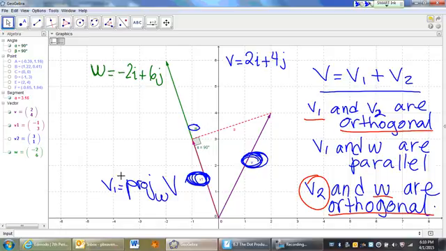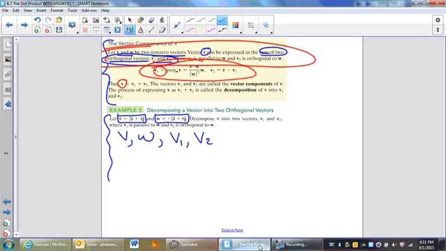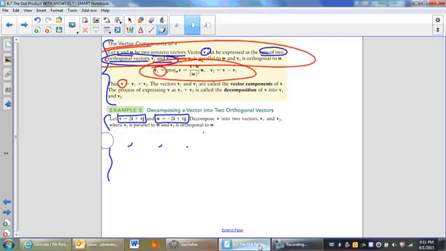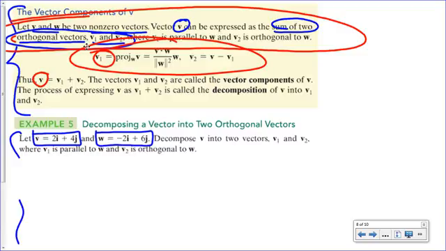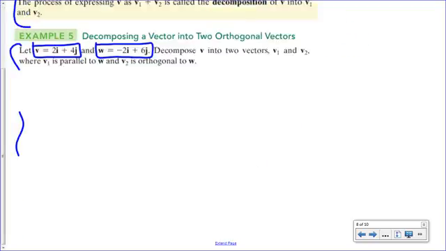All right, so that's what we're going to do. That's the first part of the problem. So let's go ahead and work it out so you know how I was able to get those numbers. Okay, and so I'm going to start with this side. Remember that we're trying to decompose, and all we know is that vector V is the same as the sum of vector V sub 1 plus V sub 2.